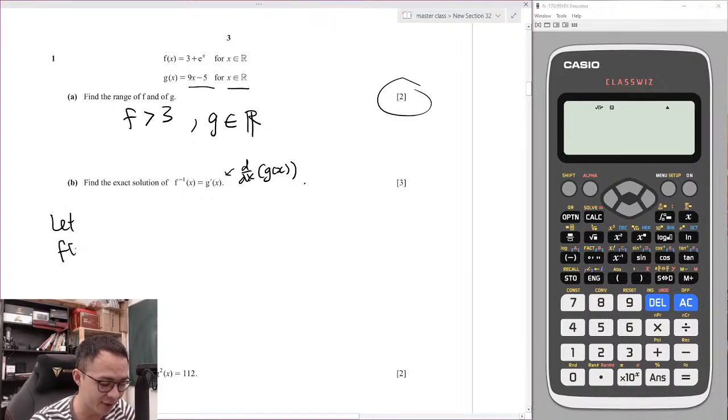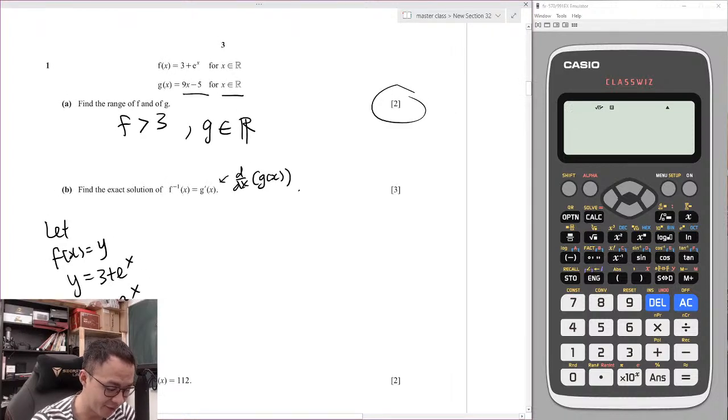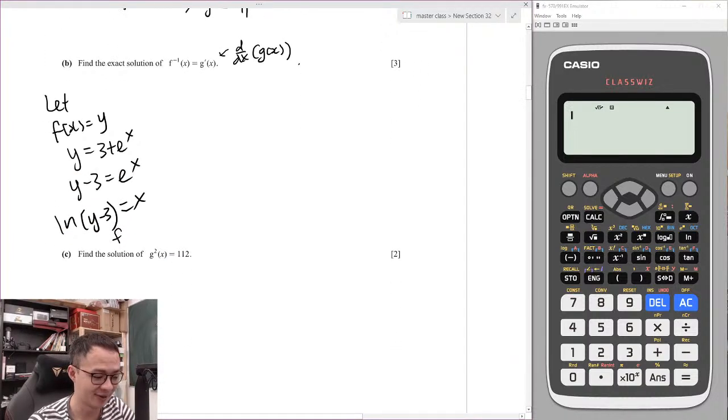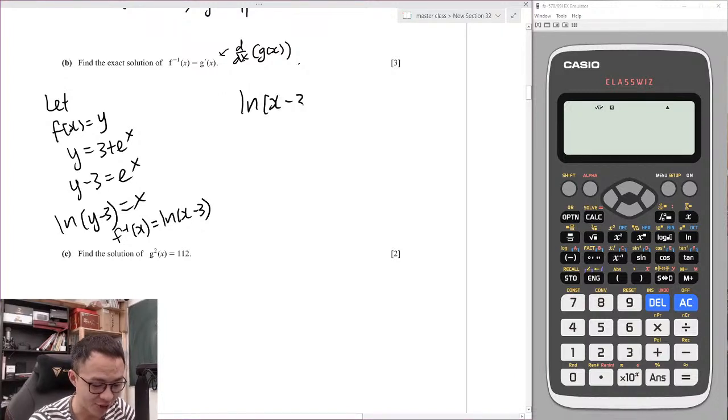Let f(x) equal y, then y equals 3 plus e to the x, then y minus 3 equals e to the x, then x becomes ln(y minus 3). Therefore f inverse of x becomes ln(x minus 3).